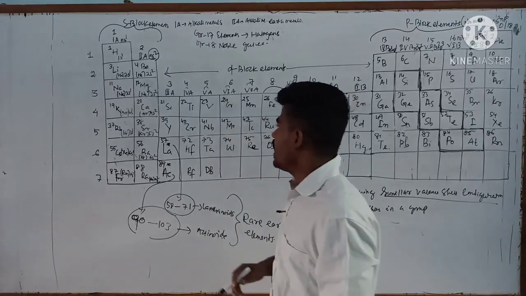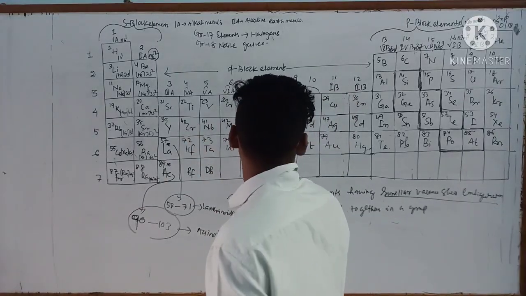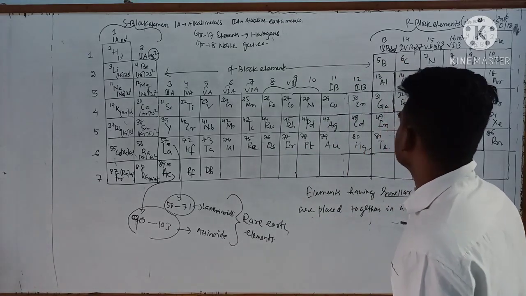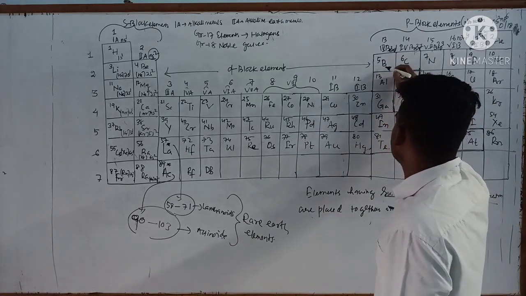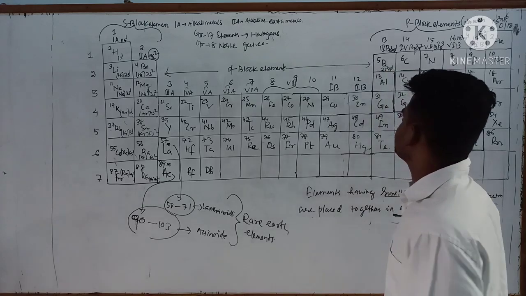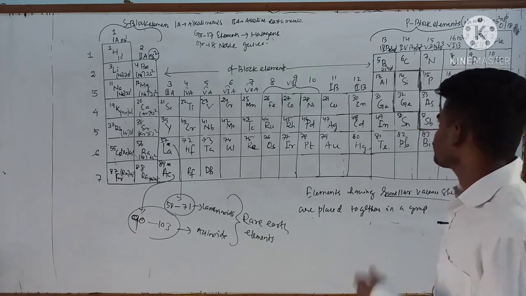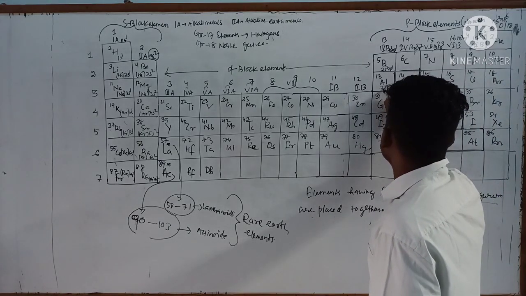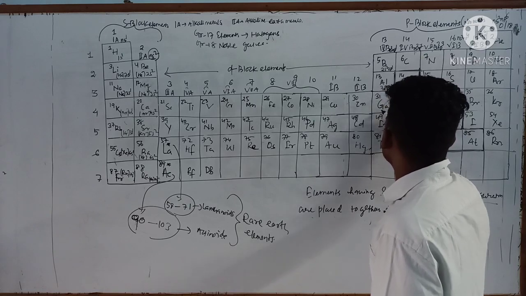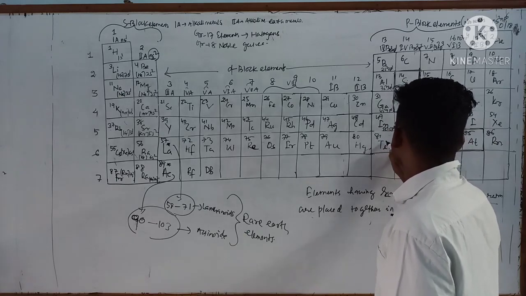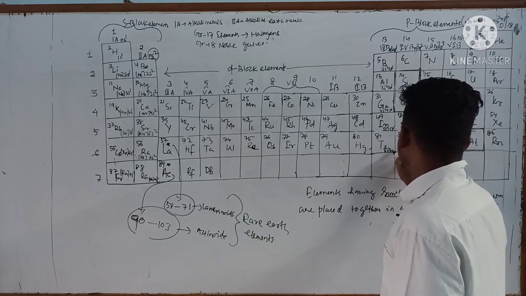Then these are transition elements, and this boron, that is ns2 np1. This one is the second period, so its valence shell configuration will be 2s2 2p1. Clear? So after that will be 3s2 3p1, 4s2 4p1, 5s2 5p1, 6s2 6p1.